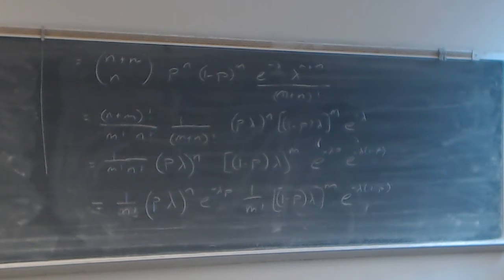Now, that's equal to the sum over all m values. We just found this. It was 1 over n factorial, probability p times lambda to the n, e to the minus lambda p, times 1 over m factorial, times 1 minus p times lambda to the m, e to the minus lambda times 1 minus p.